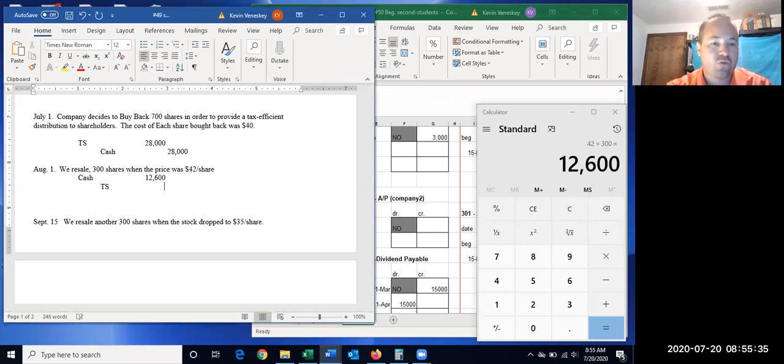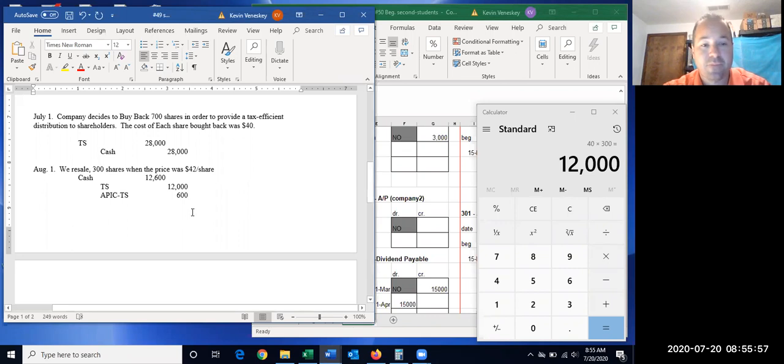We're going to get rid of the treasury stock at what we bought it for, the 40. So that's 12,000. And the rest goes into my gain account that we don't really call a gain. The $600, that's how much I made on that transaction.